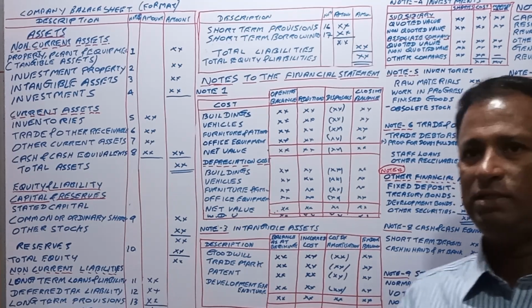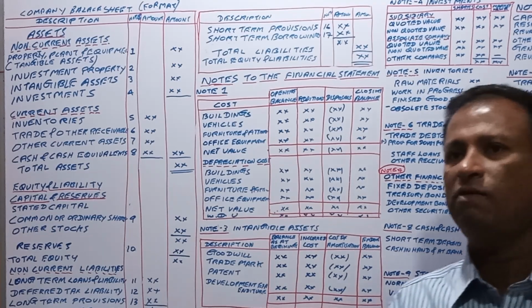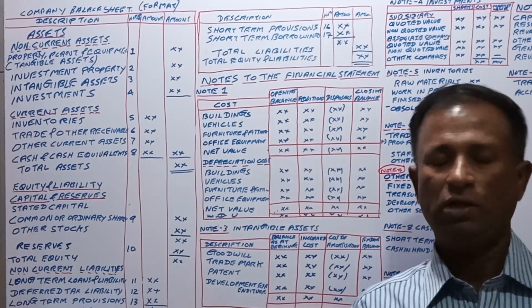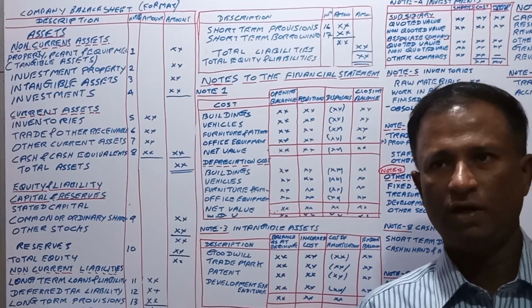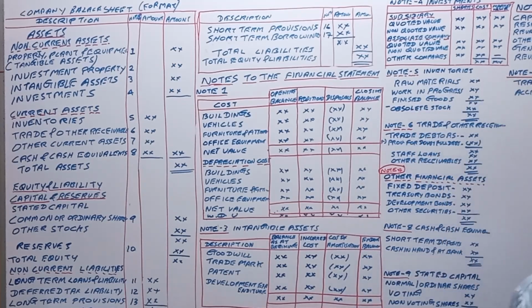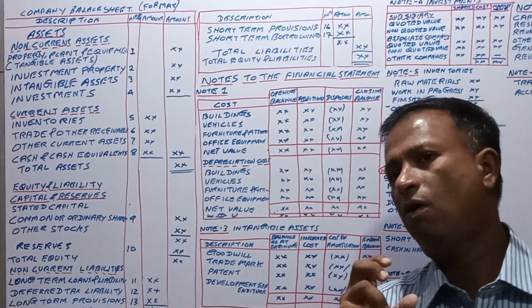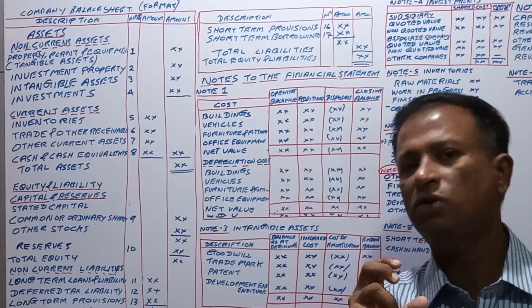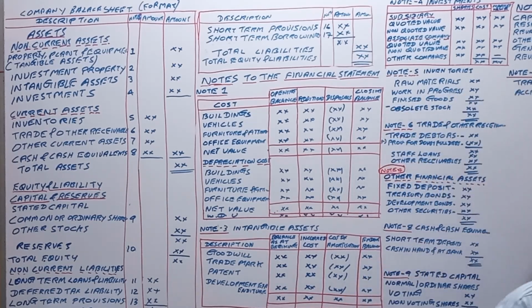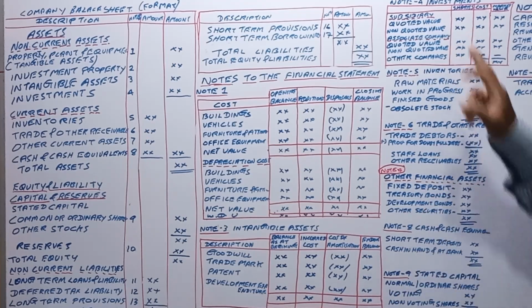Subsidiary companies are companies where our company has a holding of more than 50% of shares. That is, we have controlling power, majority controlling power. That means almost more than 50%. That comes under the subsidiary company.